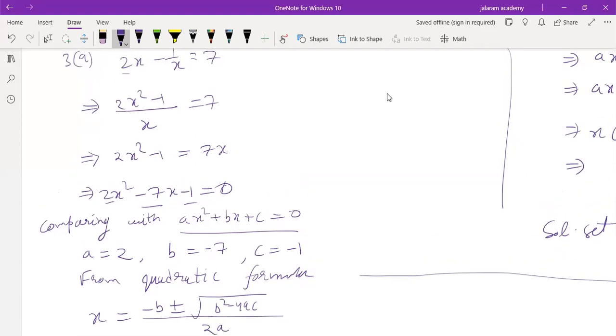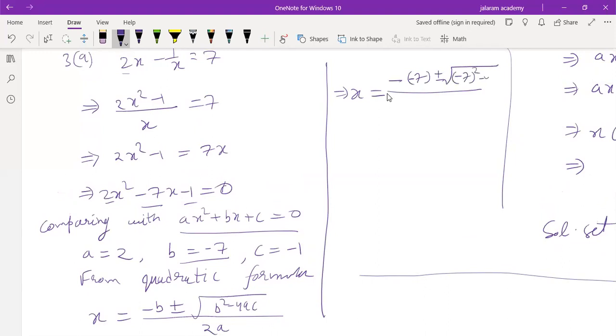Okay, so we will use these values in this formula to find the value of x. Minus the value of b, which is minus 7, so minus of minus 7 is plus 7, plus minus under root of 7 square, 49, minus 4 into 2 into minus 1, plus 8.